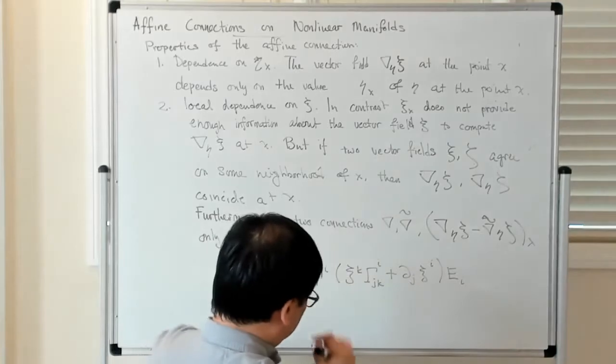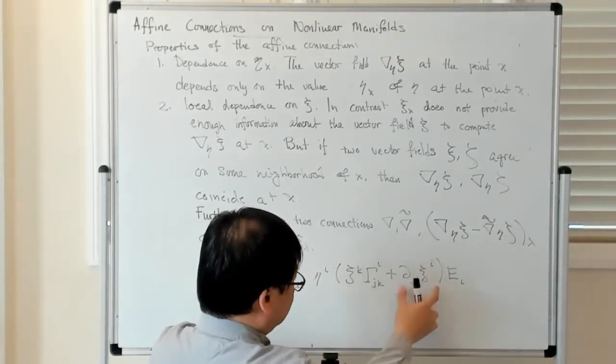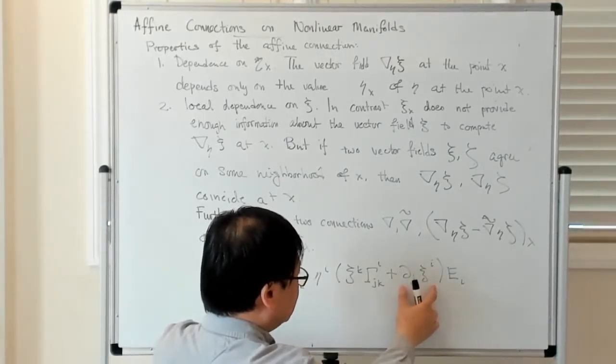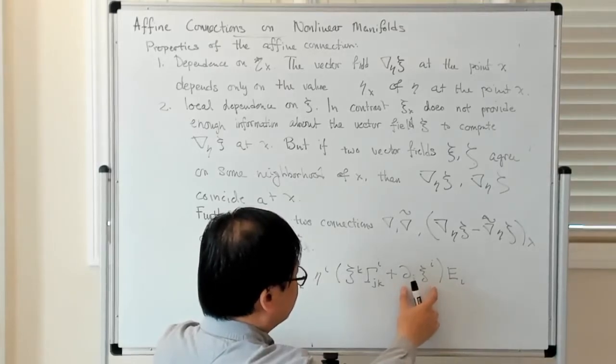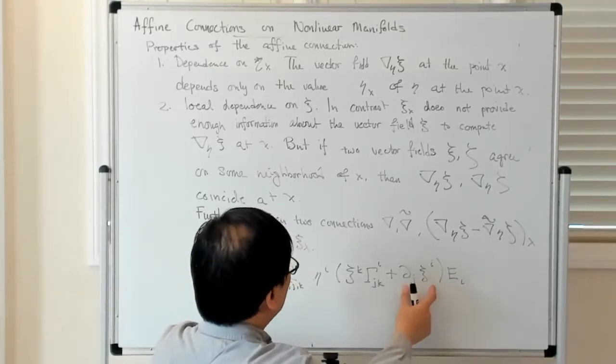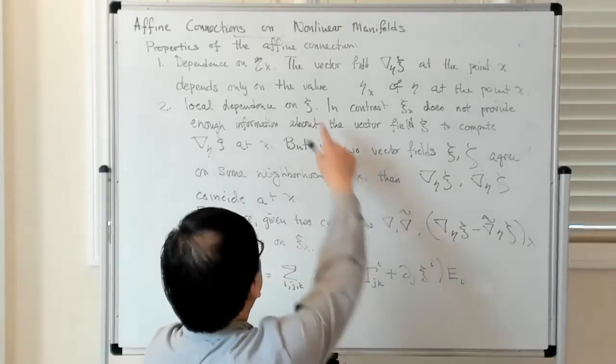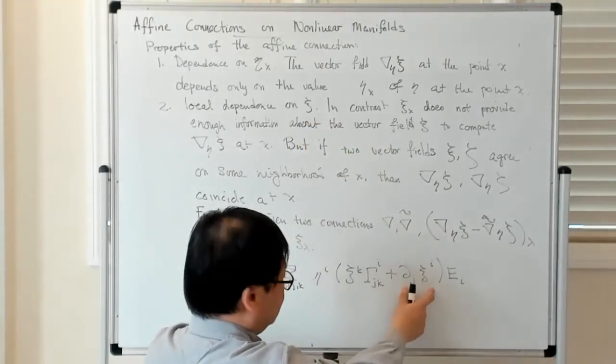The part which is problematic is this term here. This term is exactly what causes you to have a local dependence on c, and not just a pointwise dependence on c.